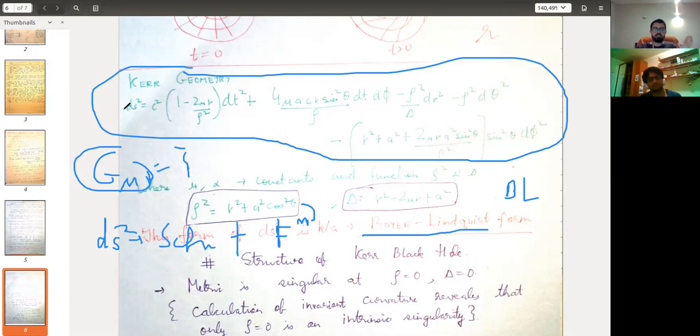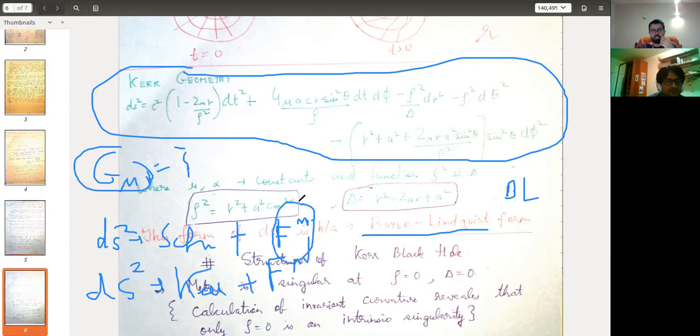What people have done, and what is generally done in computers, is you take the whole differential equations and put them into the computer. This is what is called general relativistic magnetohydrodynamics. So when people are talking about general relativistic magnetohydrodynamics, you have the ds square, which is usually of Kerr because you need the rotation part, and then you add the F mu nu, which obviously is the right hand side.